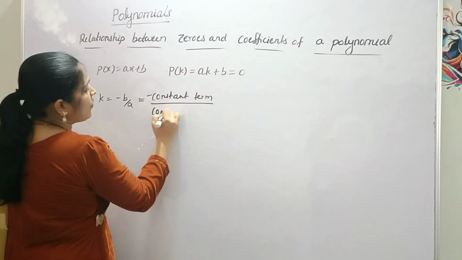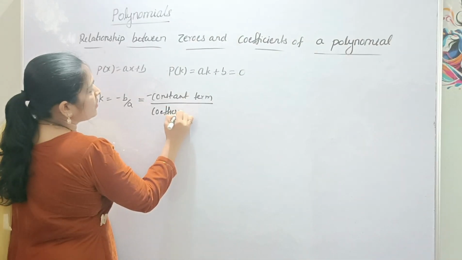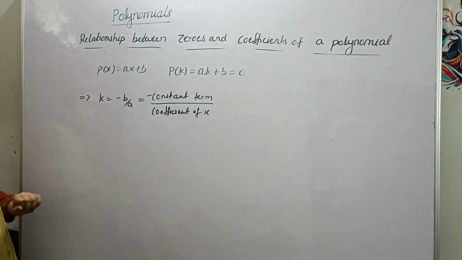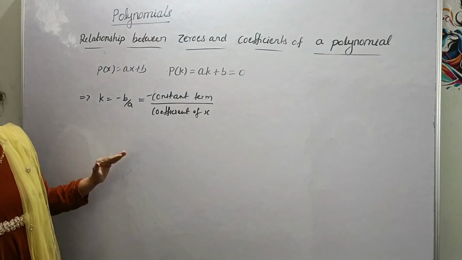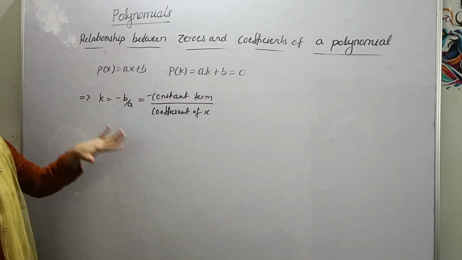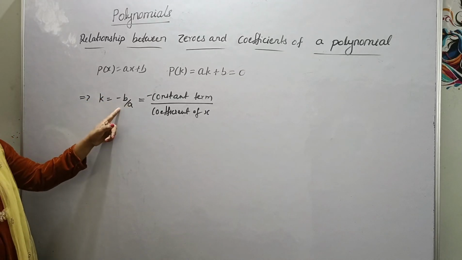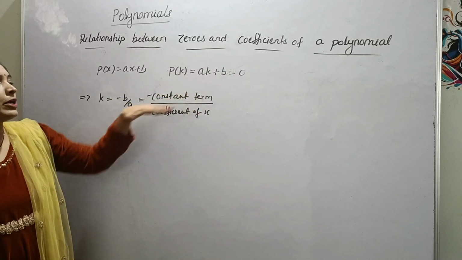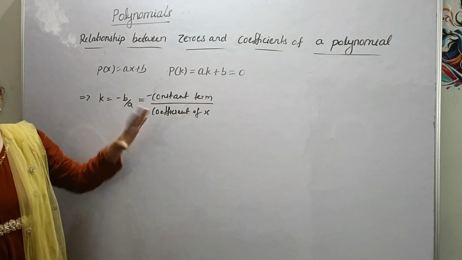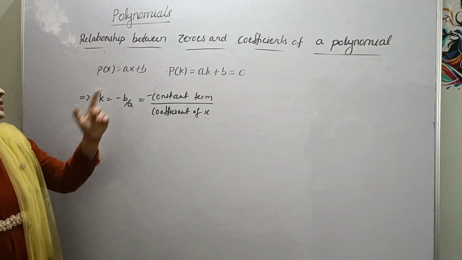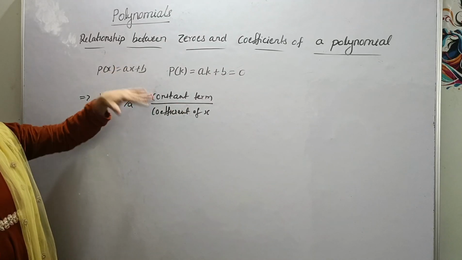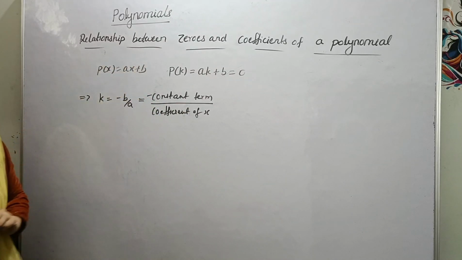So here we can say that 0 of a linear polynomial ax plus b is minus b by a, that is equal to minus constant term divided by coefficient of x. That is the relationship between 0 and coefficient of variables in linear polynomial.